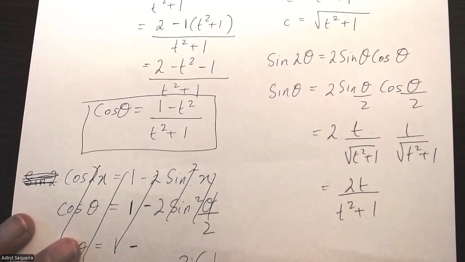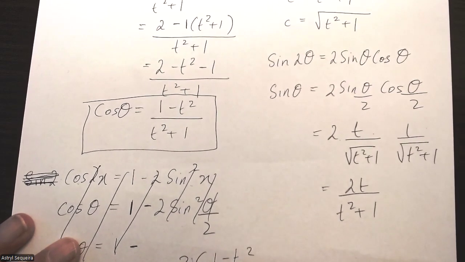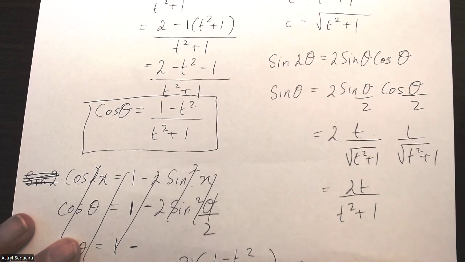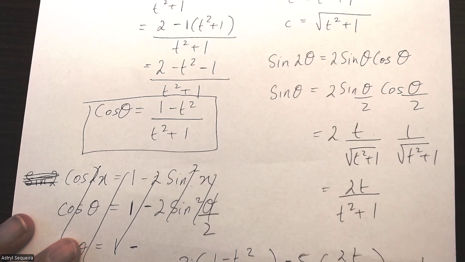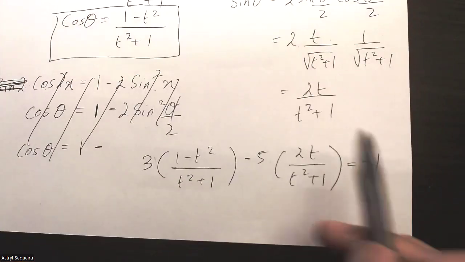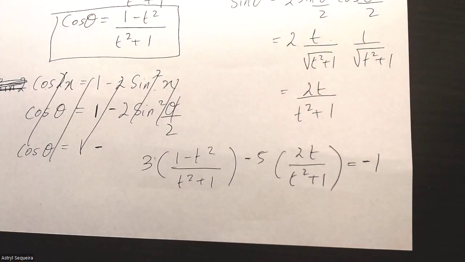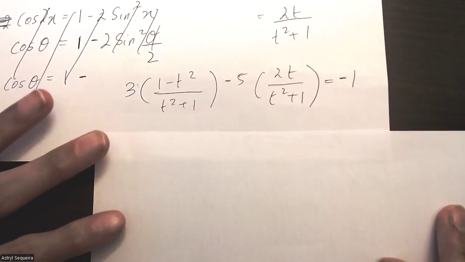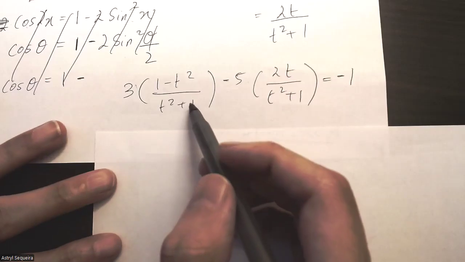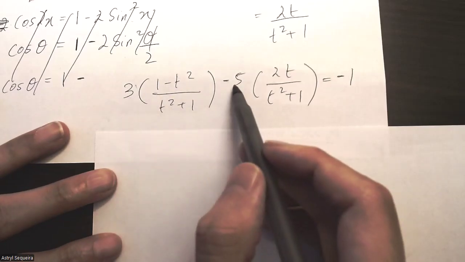3 times 1 minus t squared over t squared plus 1, minus 5 times 2t over t squared plus 1, equals negative 1. Now I just have to solve this as a quadratic equation. I'll do it on this other sheet over here. I'm going to start by just multiplying in the tops.